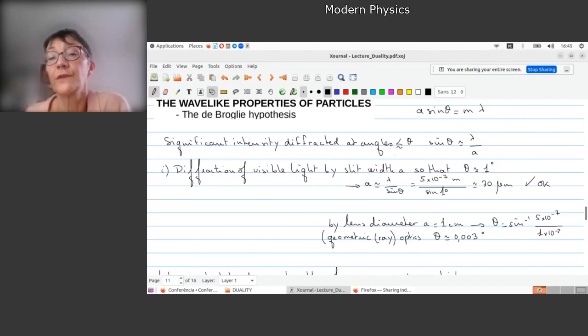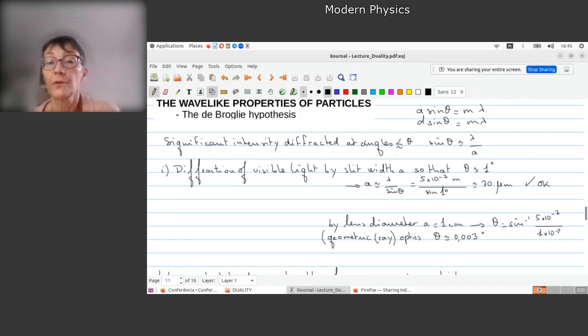So the order of magnitude of this theta would be d sine theta equal m lambda. And so the order of magnitude of this angle, you can relate it to the ratio between the wavelength and the dimensions of your object, which can be an aperture or an obstacle.